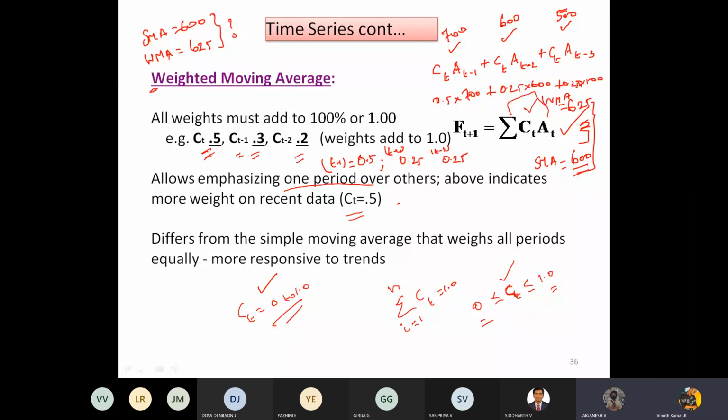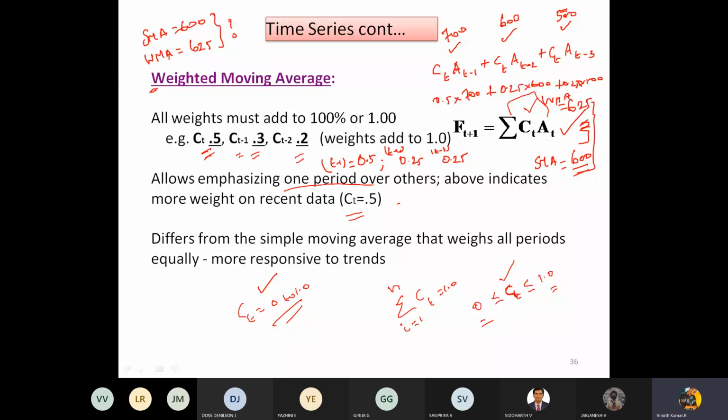Sir, but I don't know how to calculate these weights. In what way have you calculated those CT values? The weight CT value is a relative weight for the actual demand. We have some relative weight for that particular product, and you can include that relative weight over here, right?